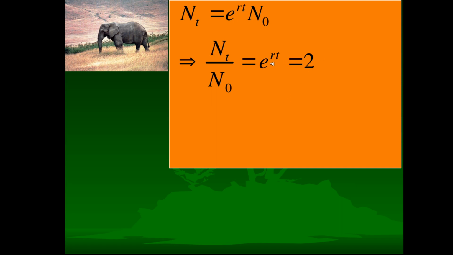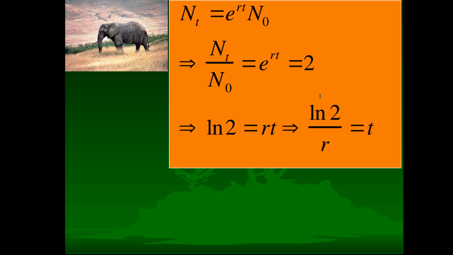So we just set this ratio equal to 2, so n at t is double n at 0. And we solve for t, so t comes out to be the natural log, the log base e, of 2 divided by little r. That's the doubling time.